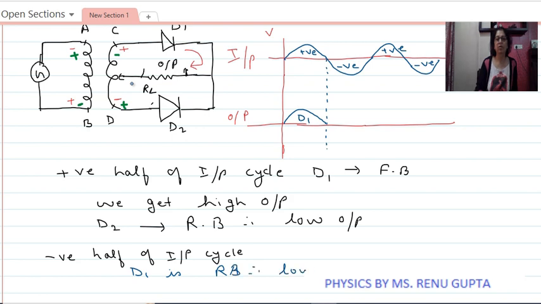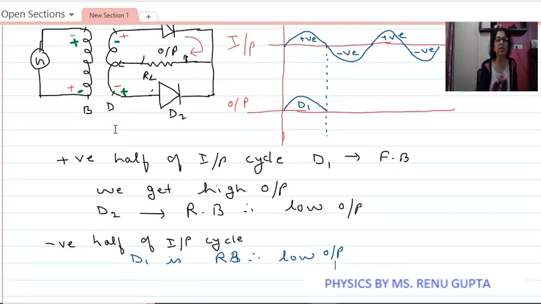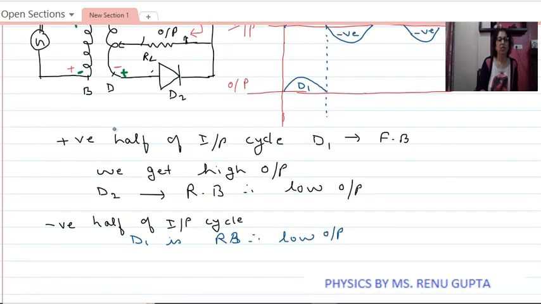therefore low output. But the P region of D2 is connected with the positive terminal, therefore D2 is forward biased, therefore we get high output. And what will be the direction of current flowing in the diode?